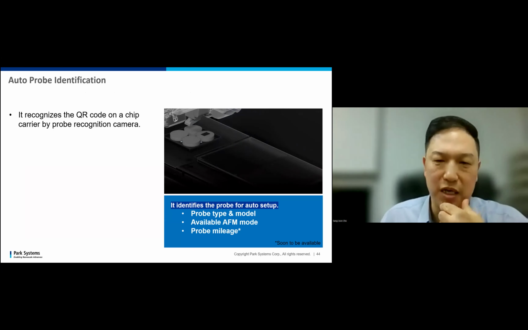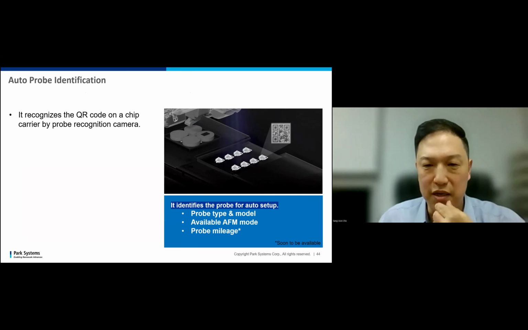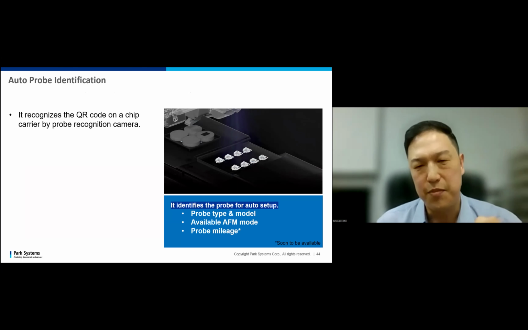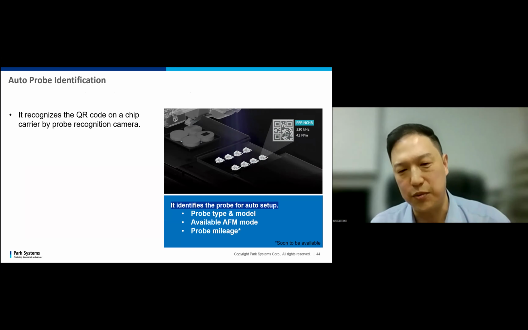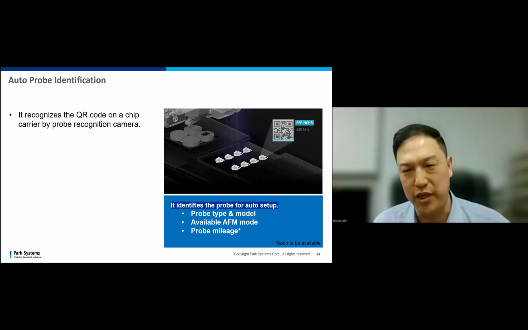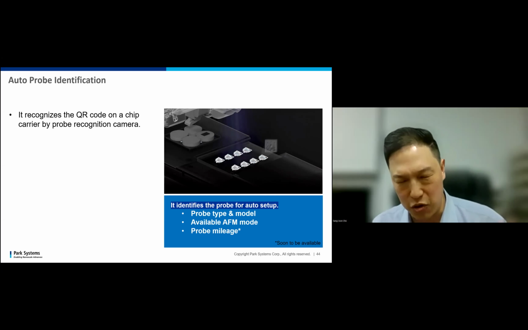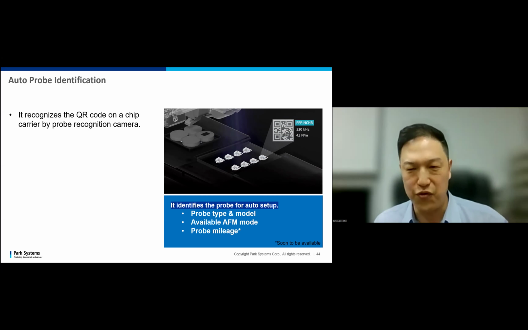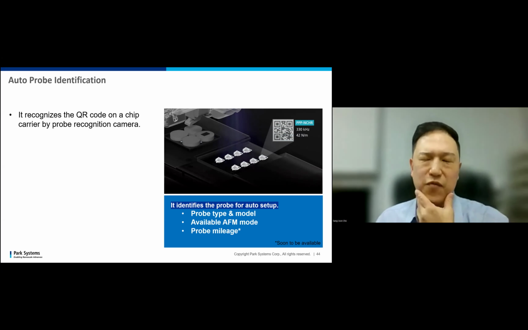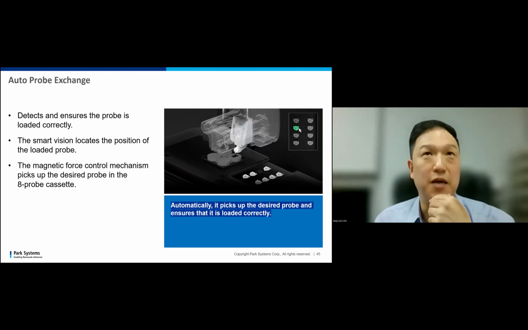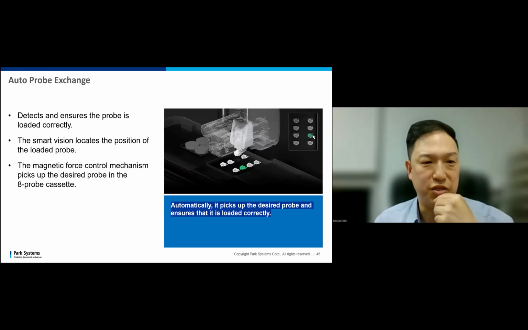On the cantilever, we recognize a QR code, which records the probe type and model and available AFM model. When you use it, we can see how long it has been used and whether you have to change to a new probe or not. All this information can be stored. And then this is the auto probe exchange.